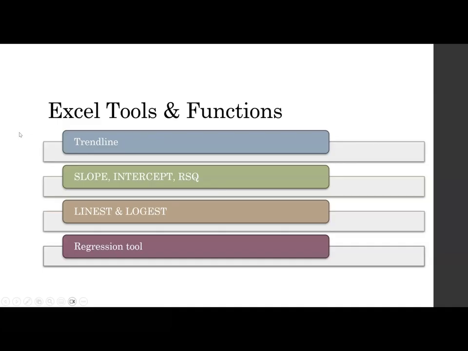So what you probably watched in the videos related to this week, you got familiar with the Excel tools and some functions we have, and these include trend line, slope, intercept, RSQ, LINEST and LOGEST, and regression tools.